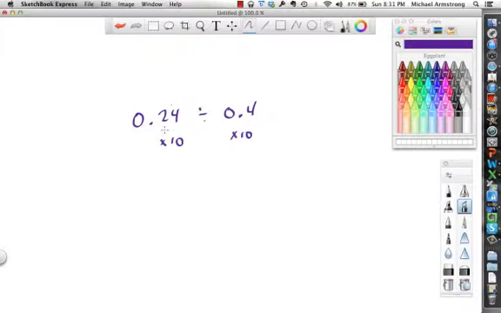I can work that out in my head. But we're still going to move it over. 2.4 divided by 4. Even though this is still a decimal, 2.4, over here we had 2 decimals, now we're down to 1. I could probably figure out that 8 times 4 is 24.